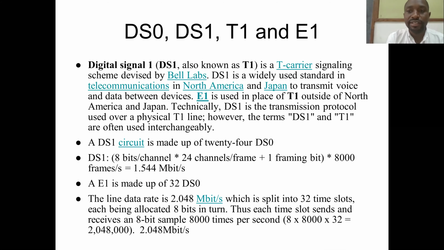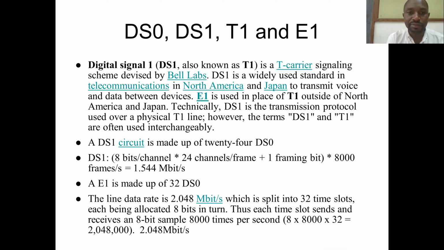So let's talk about the DS1 circuit. Usually this circuit is made out of 24 DS0s. Since one DS0 is 64 kilobits per second, multiply that by 24 and you get 1.544 megabits per second for DS1.